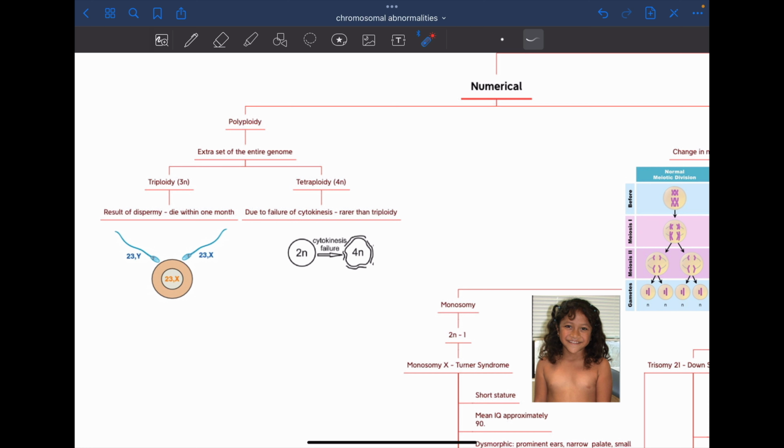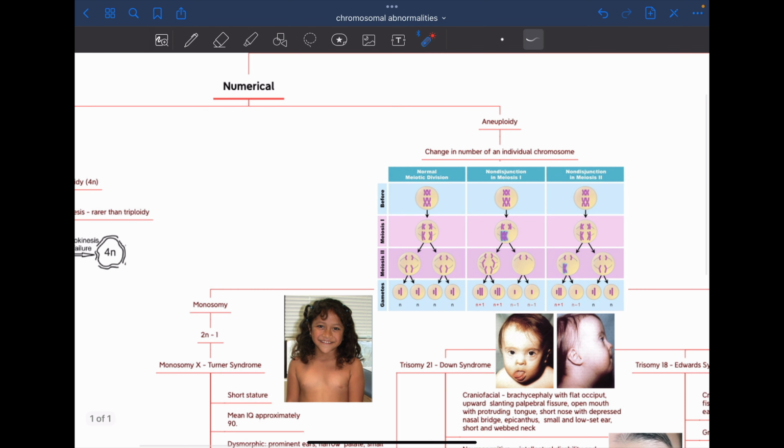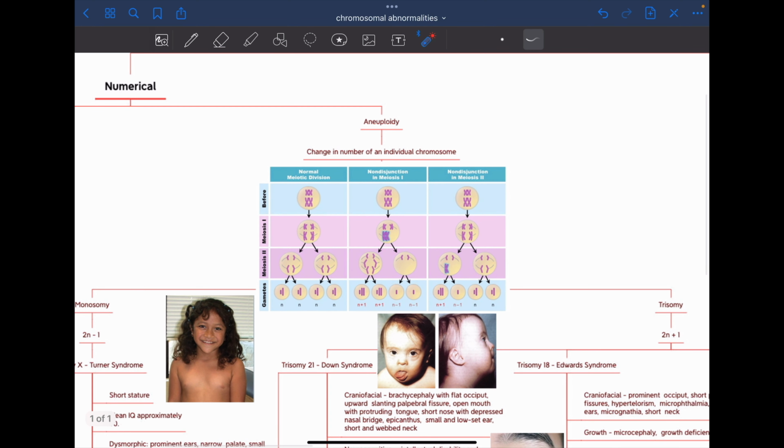Now, the other case of numerical abnormality is aneuploidy. In aneuploidy, the problem is with a specific chromosome. We know we have 23 pairs of chromosomes, and out of these 23 pairs, 22 are autosomal and one is the sex chromosome, so it's either XX in females or XY in males.